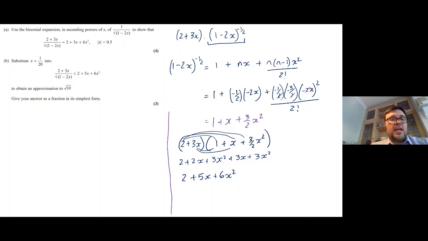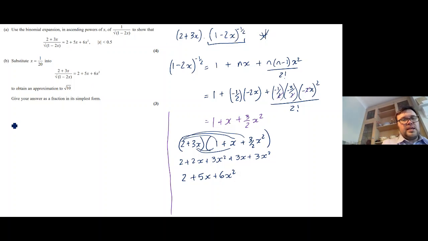The second part is the one I think most students find the most complex. We have to substitute x equal to 1/20th into that equation, and from that obtain an approximation to root 10, and we must give it as a fraction in its simplest form. So let's go about it. I am going to use the way I've written it up here because I think it's going to be a lot easier for me.